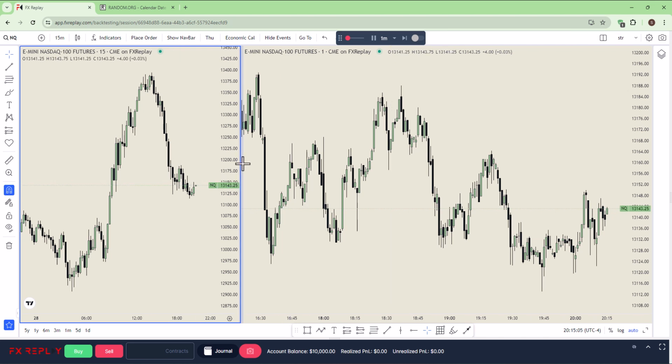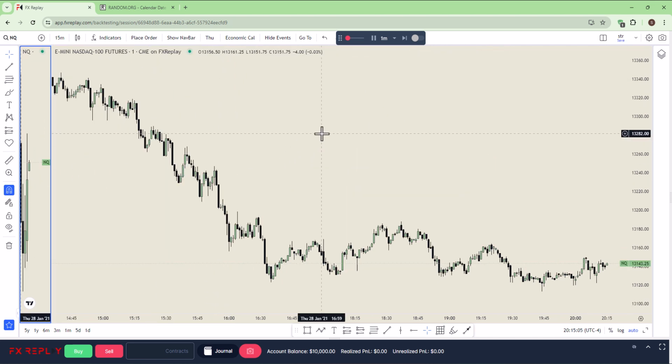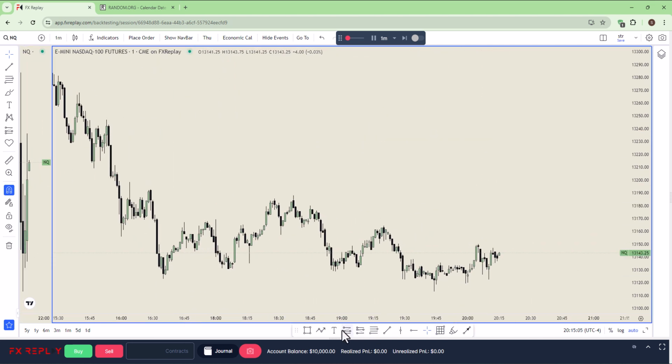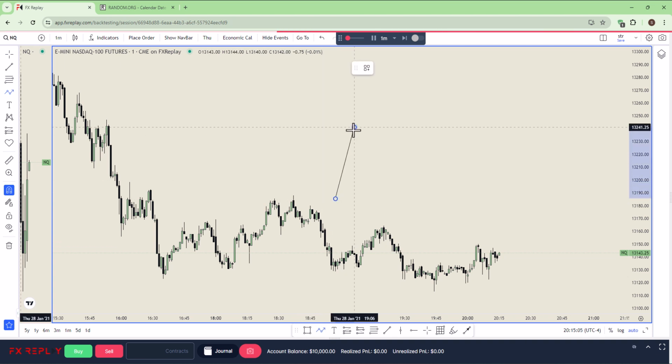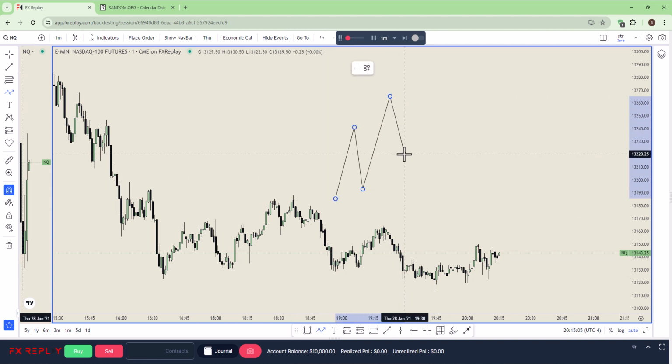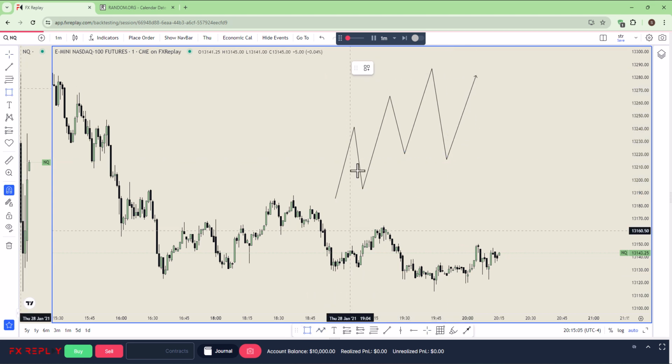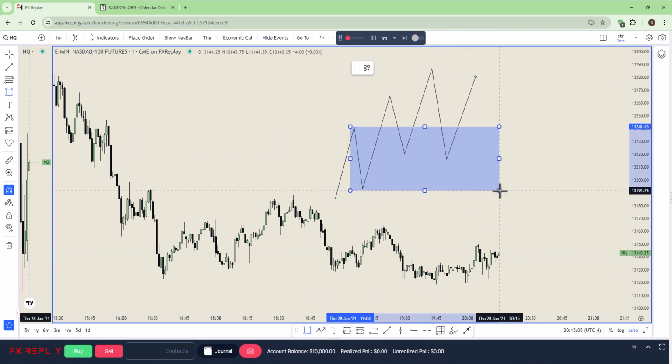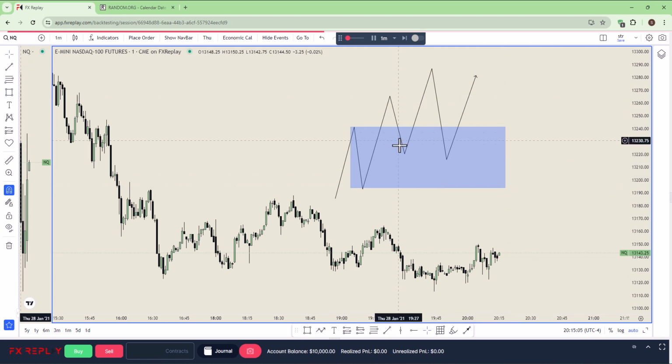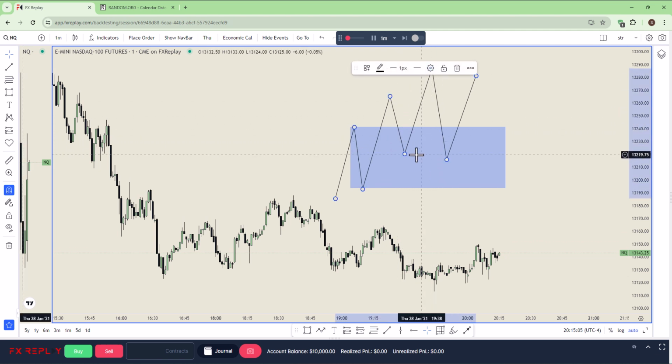First of all, let me give you a quick refresher about the model. The model is basically something like this. We have a swing point to the left. Price will, in most times, create a swing low, start trading higher, and then one more time sweep that swing low and reverse right here.